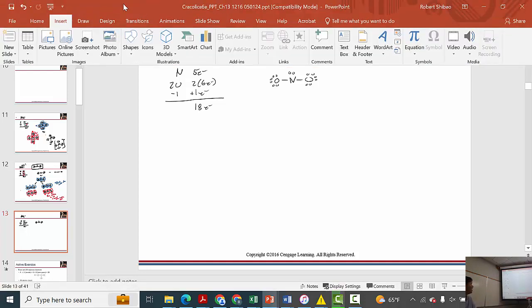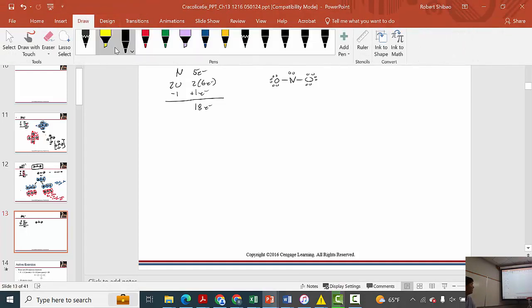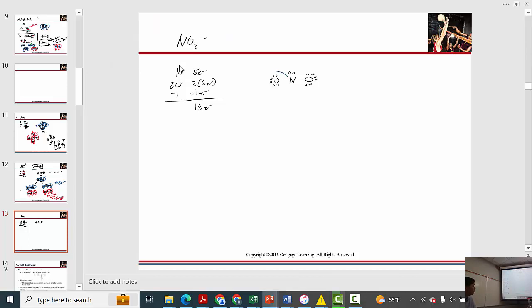Oxygen's okay with the octet, so maybe I should just keep doing it the way we've been doing it. That looks good. This looks good. However, this does not look good.